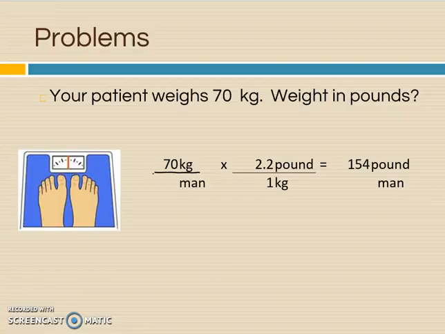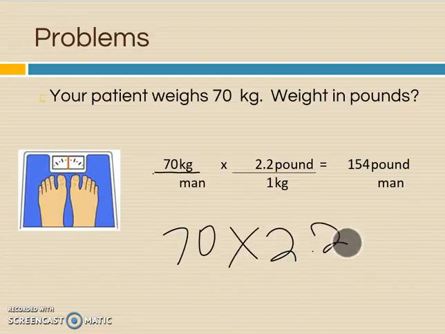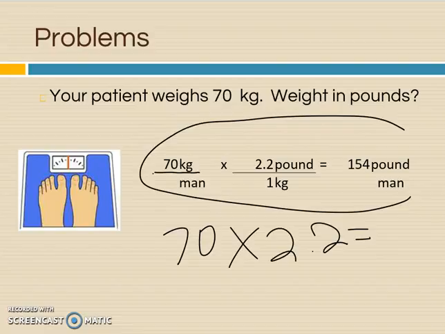So basically, you just take the 70 kilograms and times it by 2.2. That's really the shortened version of the equation. But I like to put it out like this because if you forget exactly which direction you're going or how it works, this is easy because you just cancel out and have pounds of man, pound man.